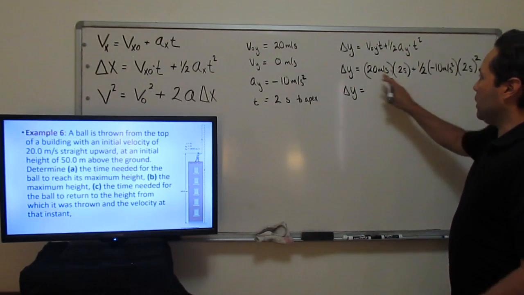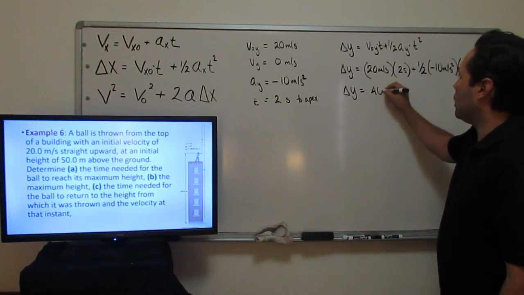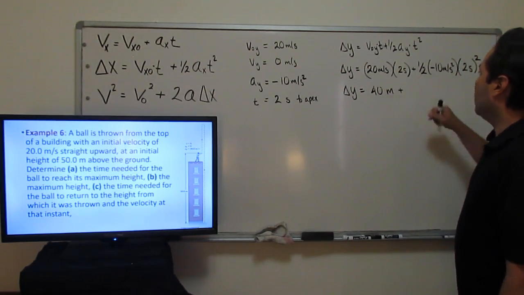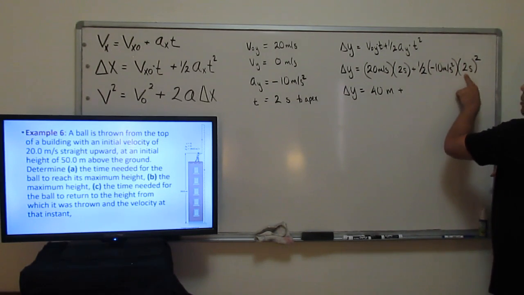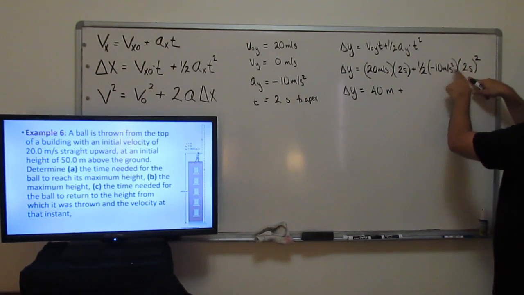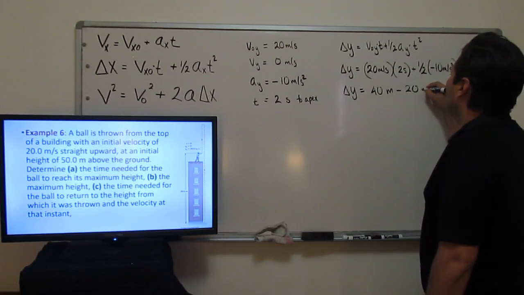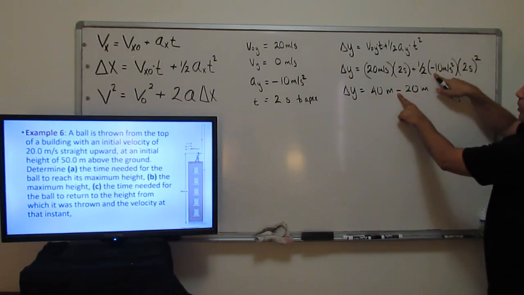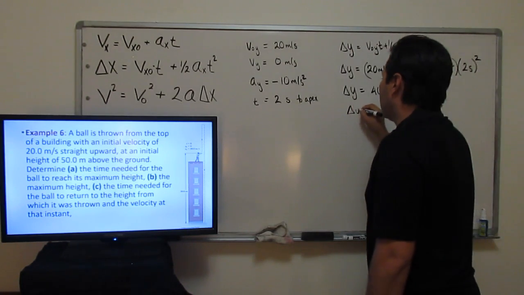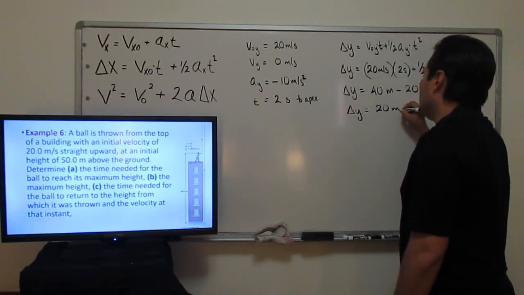Let's see, it's going to be 20 times 2, that is 40 meters. And on this side, it's going to be 2 squared is 4, 4 times 10 is 40, times a half is 20. Notice the negative because of the negative on the 10. So our answer is 20 meters.